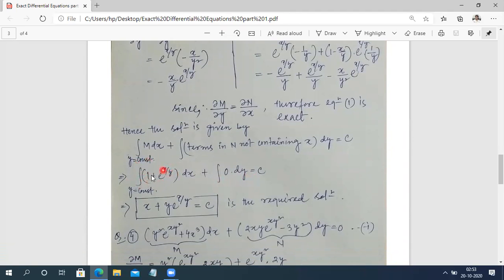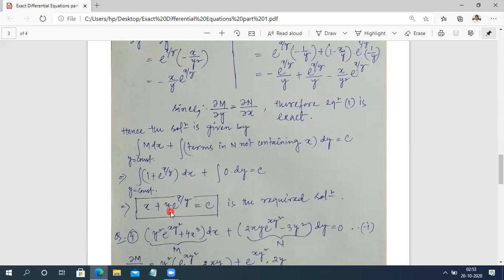So the value will be, after this integration, x plus e raised to the power x by y into, if we differentiate x by y partially, keeping y as constant, it will be 1 upon 1 by y.